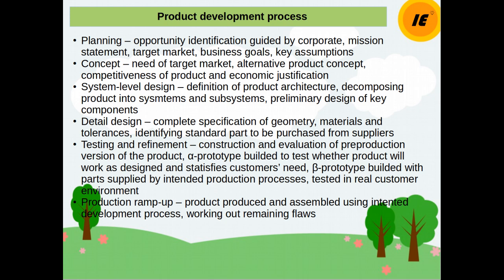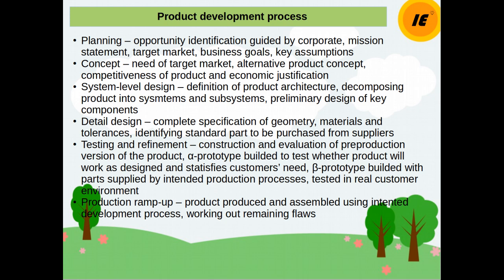Alpha prototypes are tested to determine whether the product will work as designed and whether the product satisfies the key customer needs. And then later, beta prototypes are usually built with parts supplied by the intended production processes, but may not be assembled using the intended final assembly process. Beta prototypes are extensively evaluated internally and are also typically tested by customers in their own use environment.